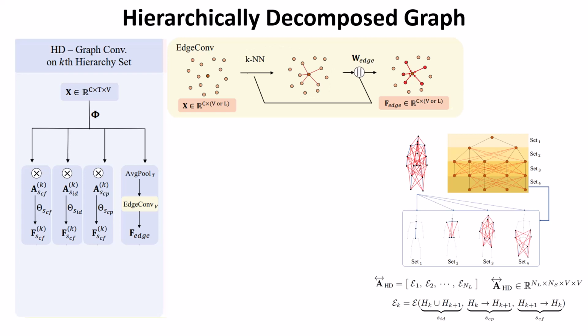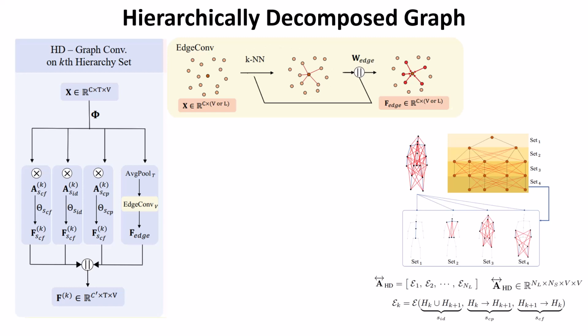Once we have the output of these 4 branches, we concatenate them and have this C prime times T times V. Why denote it C prime, not C? Because at some point in the middle of the neural network, they upsample the number of channels from, for example, 64 to 128. In those cases, C prime is bigger than C, but in other cases it is equal to C. And for sure, in those cases we do downsampling in the temporal dimension. Instead of 64, we have 32.